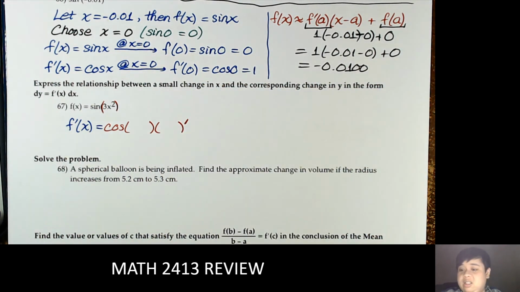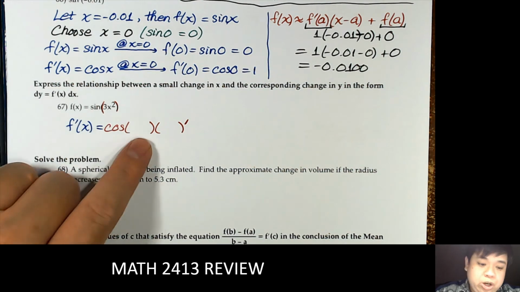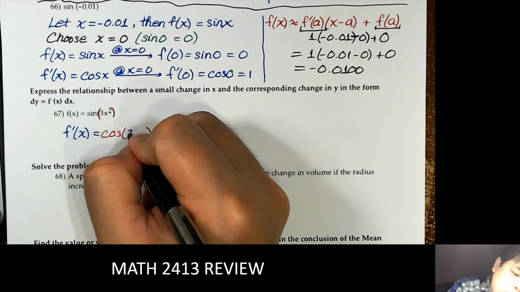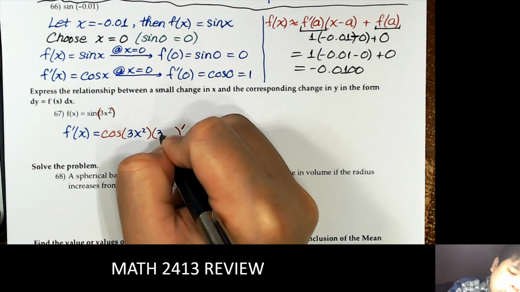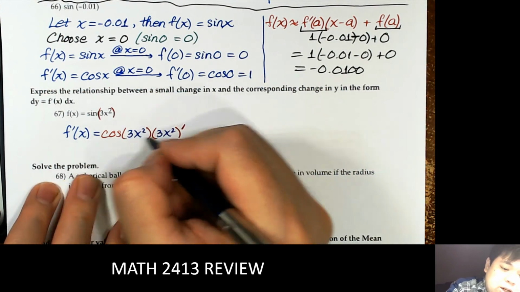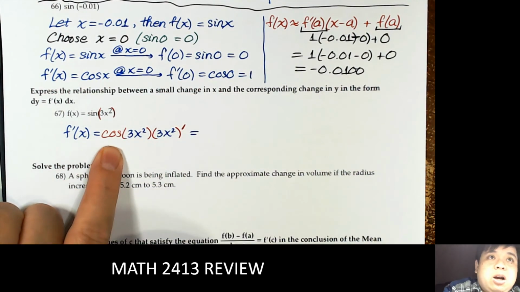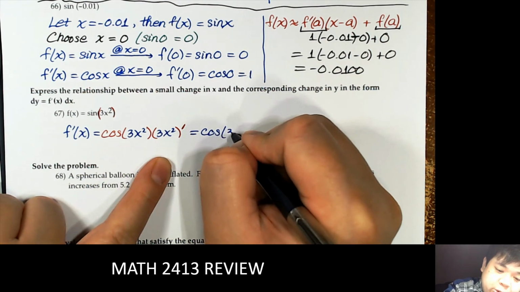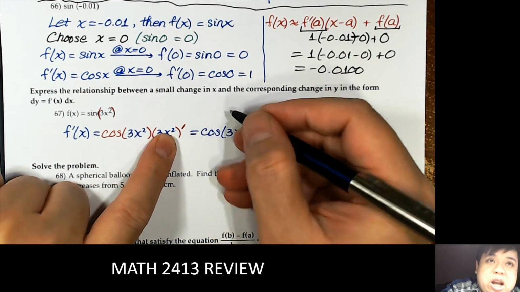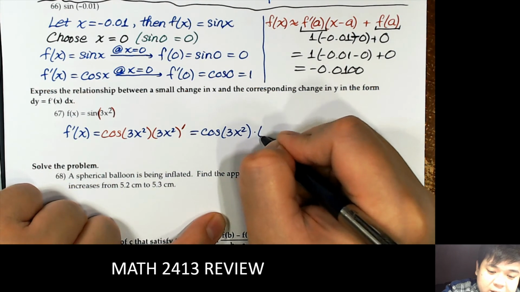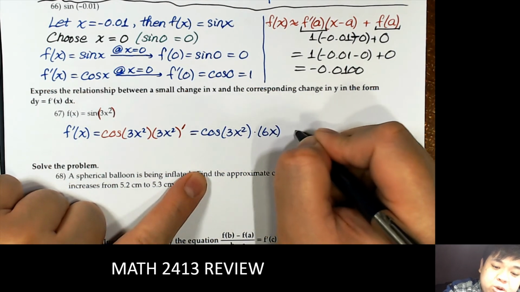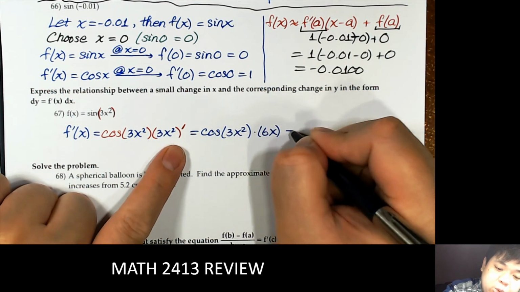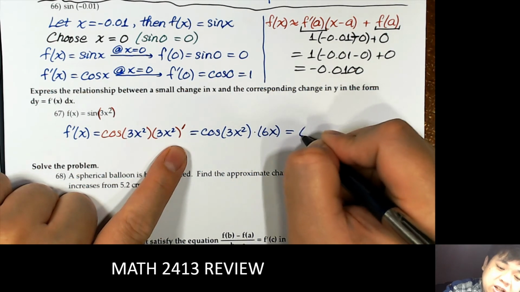It doesn't matter what is inside the parentheses, that's what we do. We put 3x squared here and 3x squared here. The derivative of 3x squared is 6x. I prefer to put the 6x in front, so we don't have to put parentheses here.